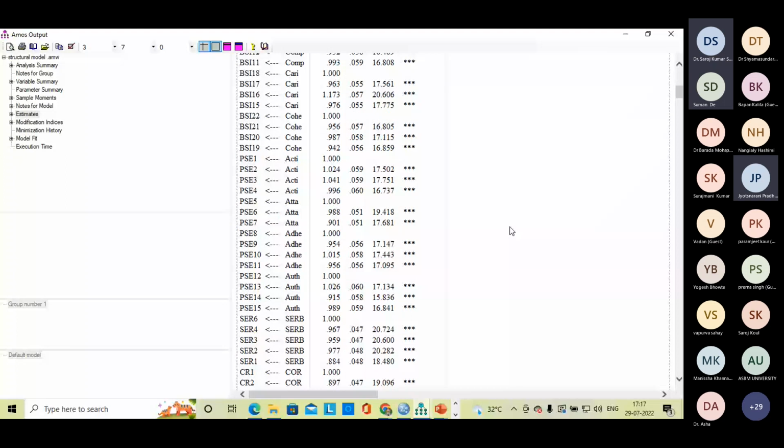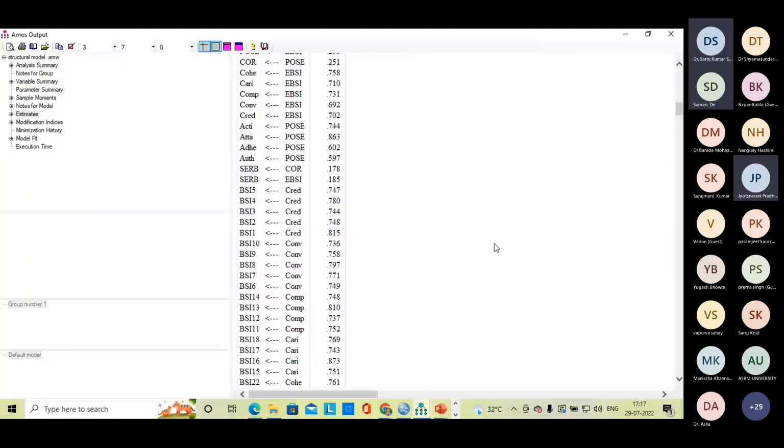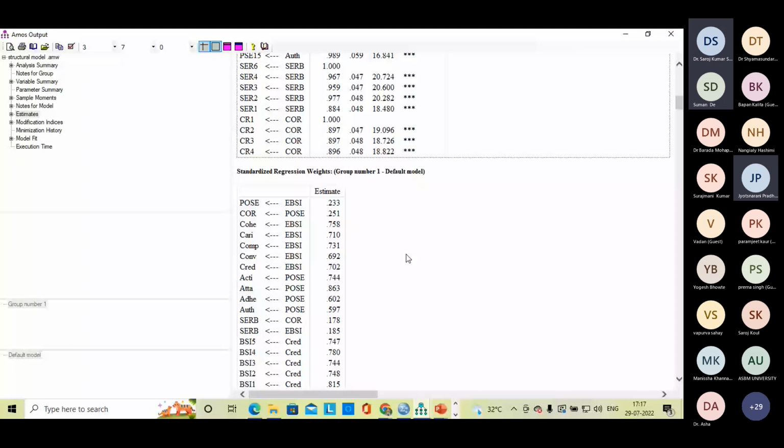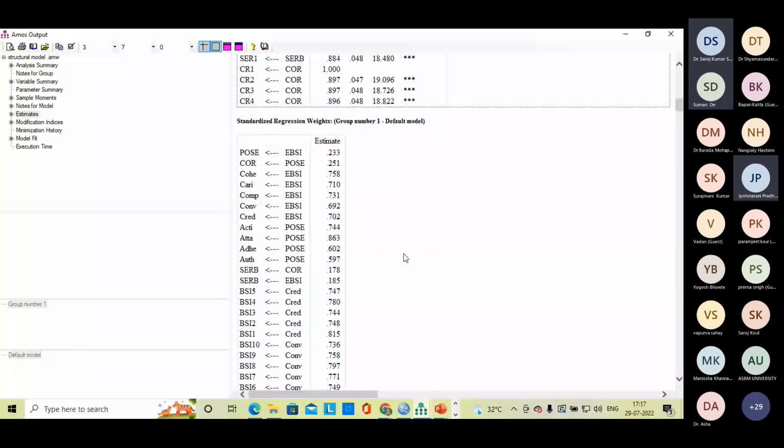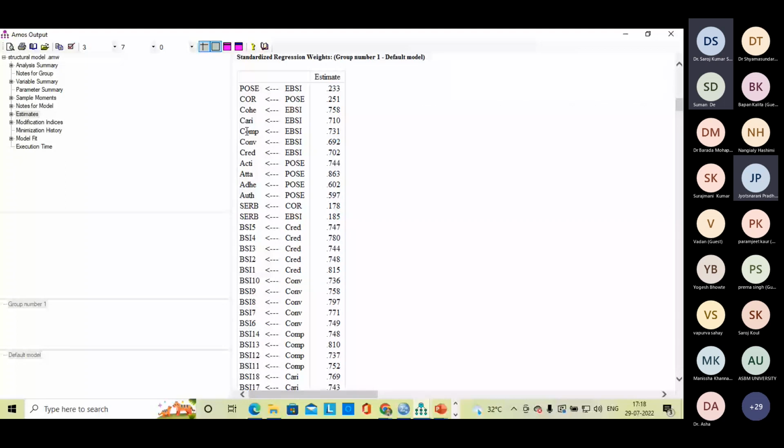And the measurement model carries the indicators. What are the indicators? For the second order CFA, EBSI is built up of five constructs. This is one construct, this is another construct, and this is another, and this is another.